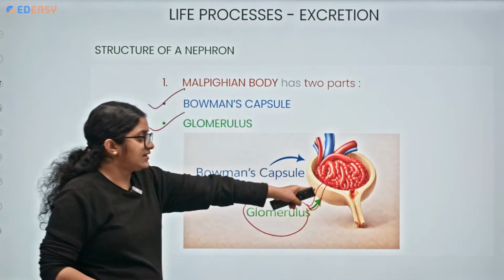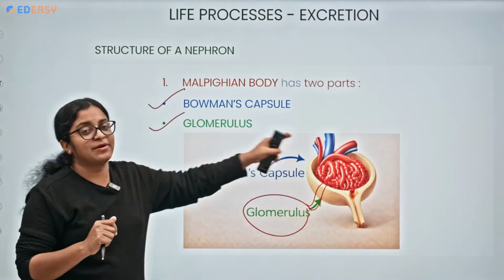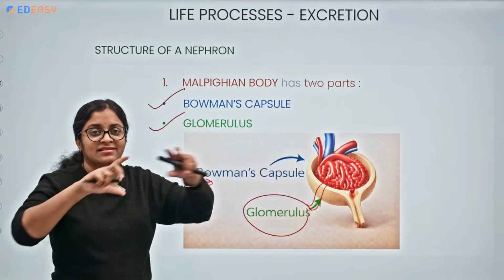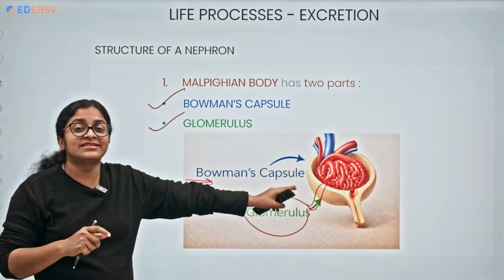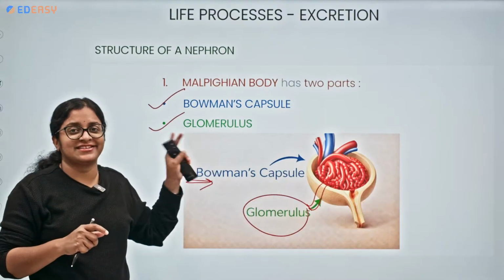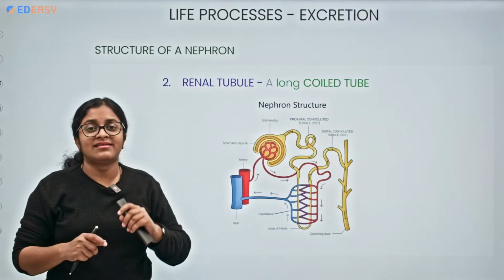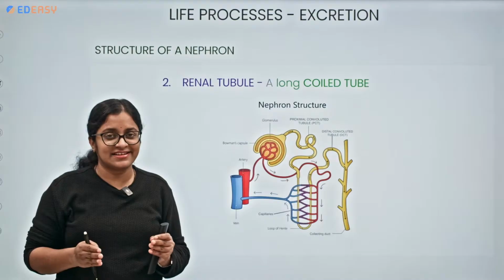Remember this region? The cup-shaped structure is the Bowman's capsule. Inside the Bowman's capsule, there is a network of capillaries, the blood vessels. What is that called? It is called the glomerulus. So this is about the Malpighian body. Now coming to the renal tubule. Tell me, how many parts does the renal tubule have?